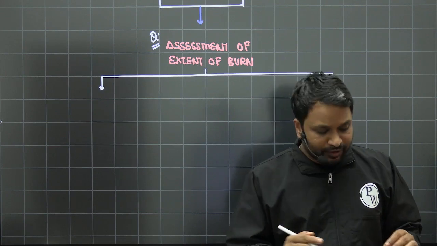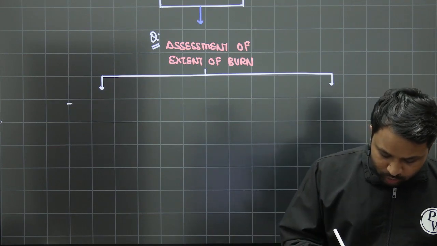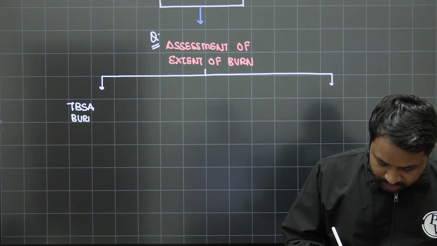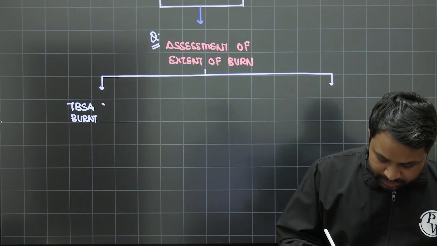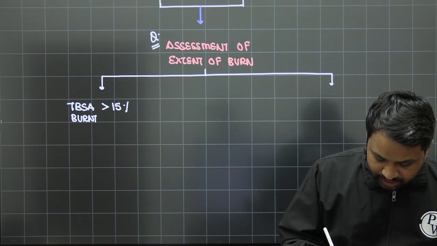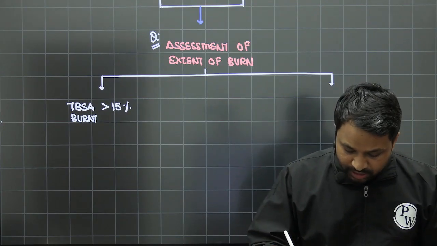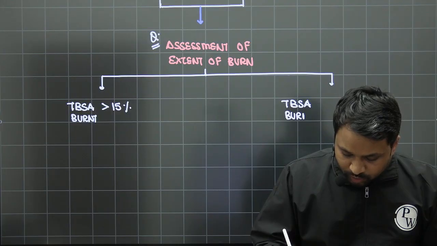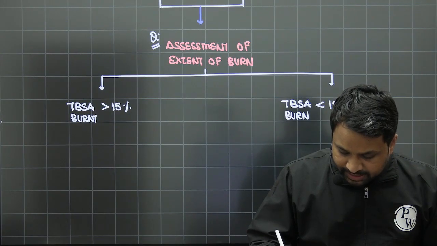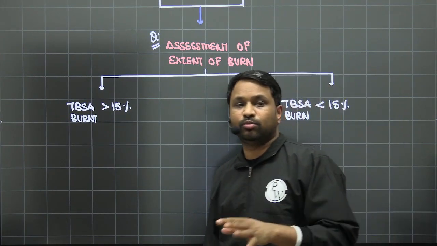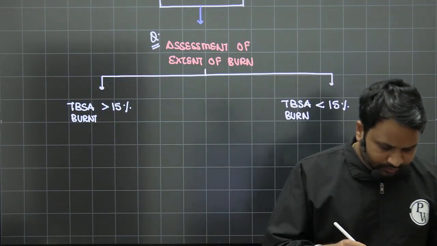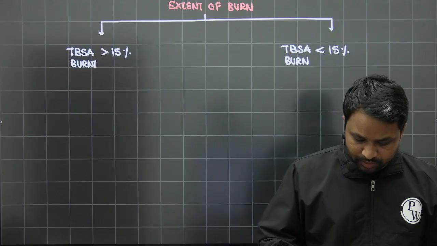What is the definition of a significant burn? It is based on the total body surface area burnt. If the total body surface area burnt is more than 15%, we call it a significant burn. If it is less than 15% of the total body surface area, we call it an insignificant burn.